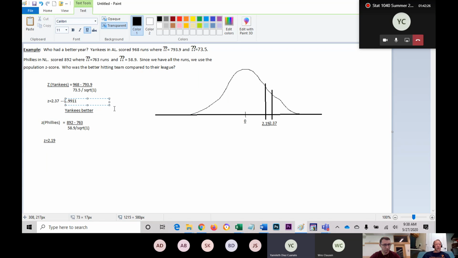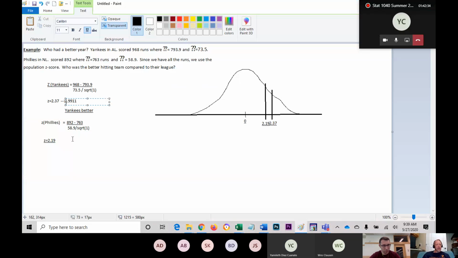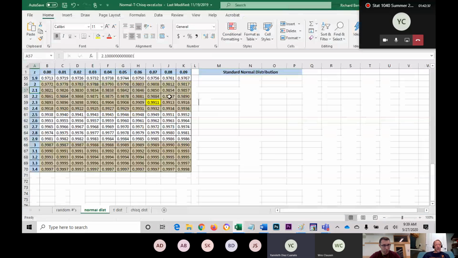Because I did 2.1 and then I went to 0.09. Okay. So you've got a 2.1, and then they're 2.19, aren't they? Oh, so yeah. 2.19. So that should be this value here. So that's 0.9857. Does that make sense?